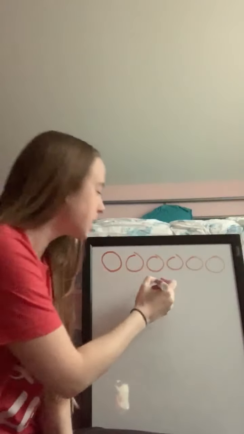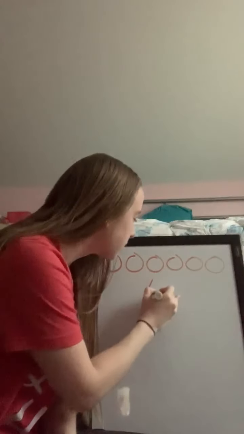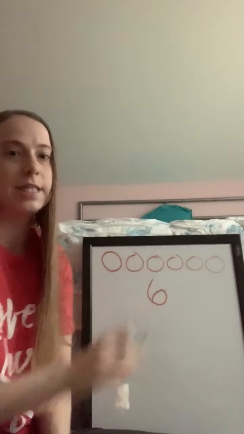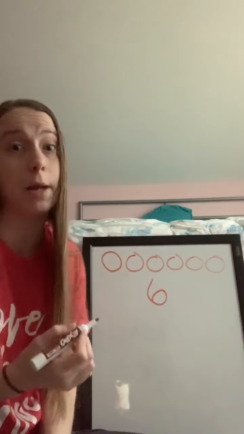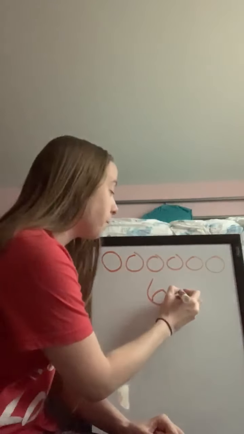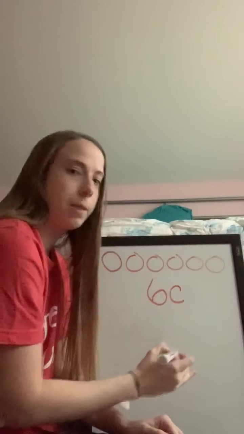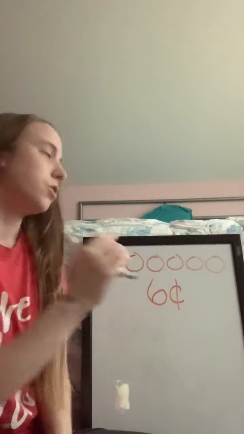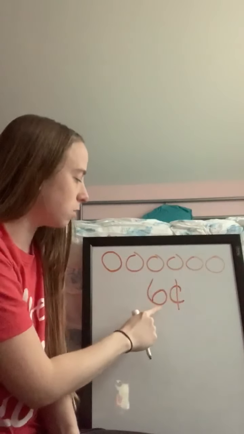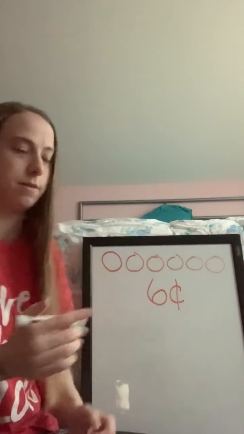I have 6 pennies. And to show that I have 6 cents and I'm counting money, I need to write my cent sign. That's a C with a line through it. That means cents. So you can see that I have 6 pennies or 6 cents.